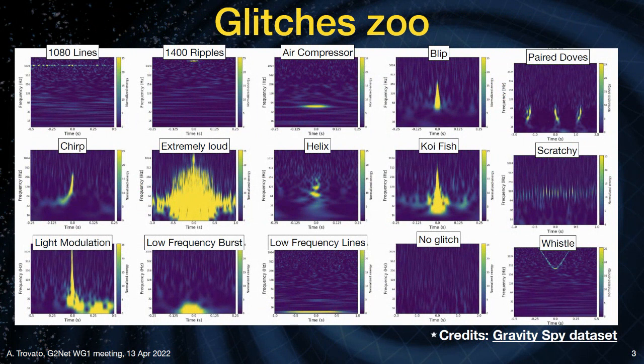There are many kinds of these transient noises, and they can really mimic the signal. We have had many talks about that, about the blip, the whistle, and so on.